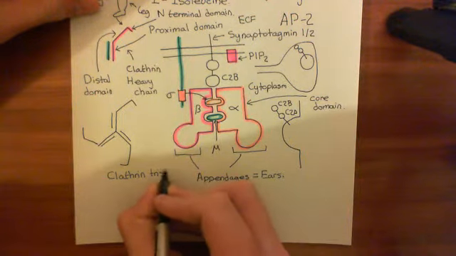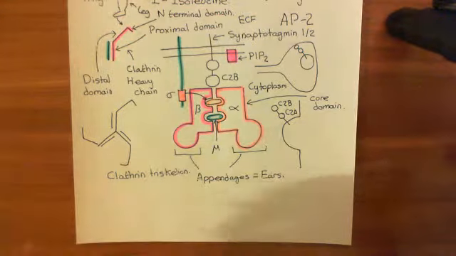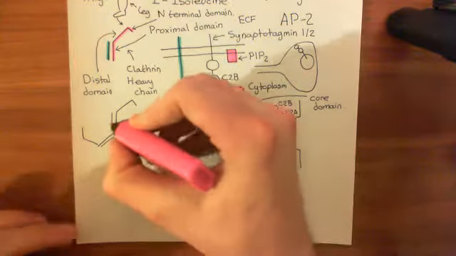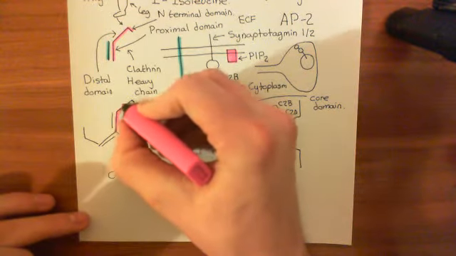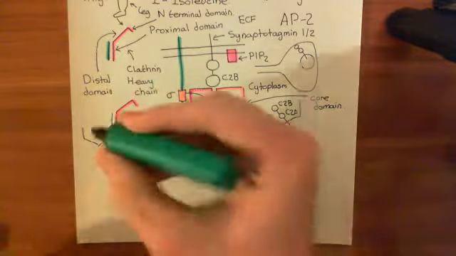This is how the clathrin protein exists in the cytoplasm of the cell. This is the clathrin heavy chain here, and this is the clathrin light chain here.